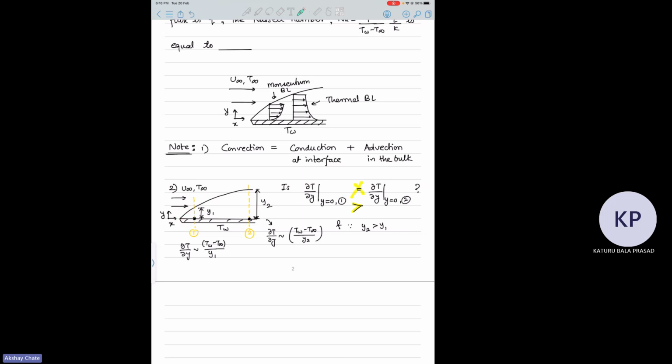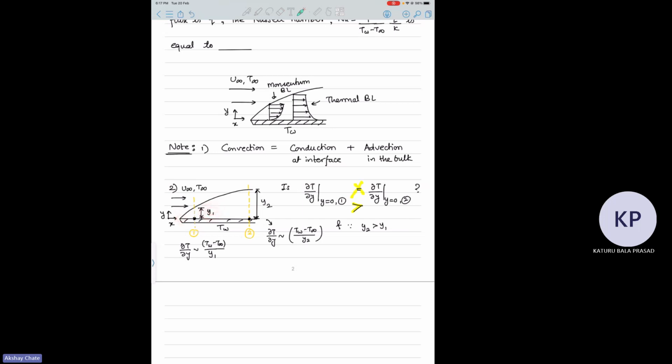But typically, the correct way to say it is that at y equal to 0 and x equal to 0, which is the starting point of the plate, there exists a singularity. There you can't say, because the gradients will be too high, because y is almost 0 at this point.